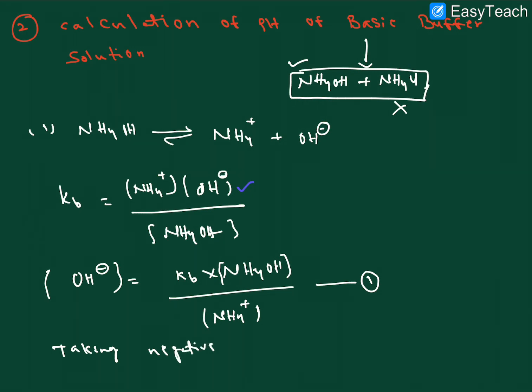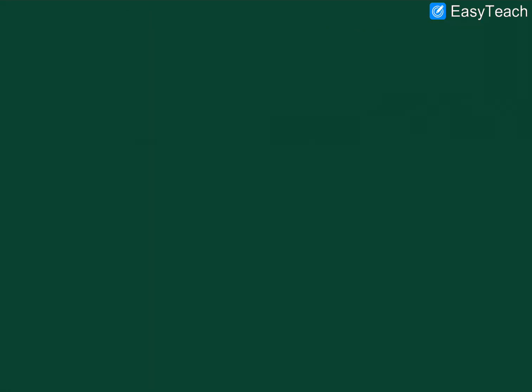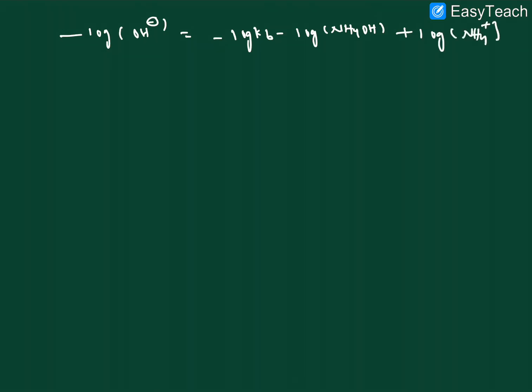So taking negative logarithm on both sides, what we'll get here is negative log OH minus concentration equal to negative log Kb plus negative log NH4OH concentration plus log NH4 plus concentration, right?